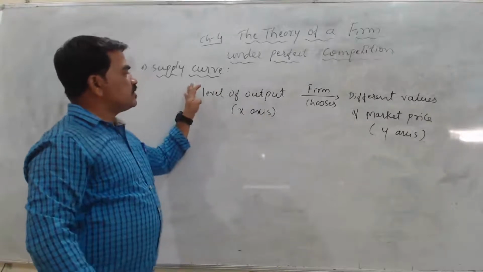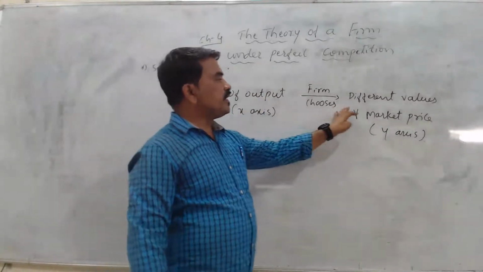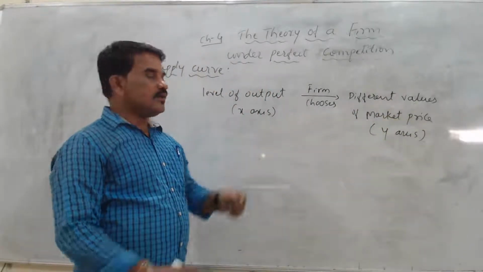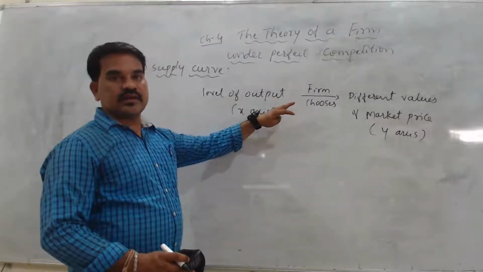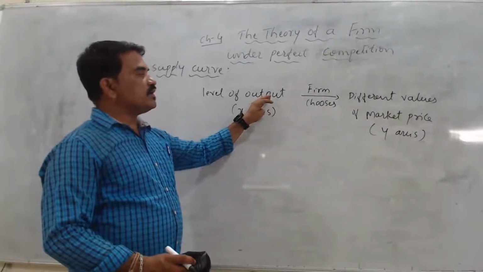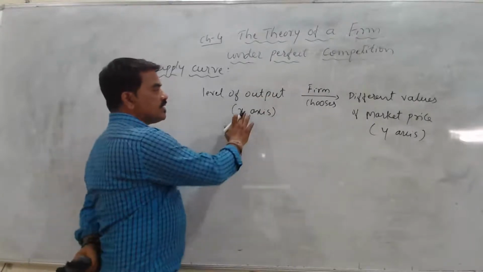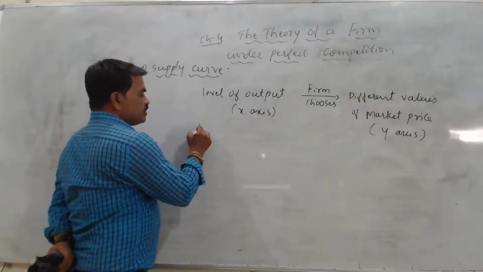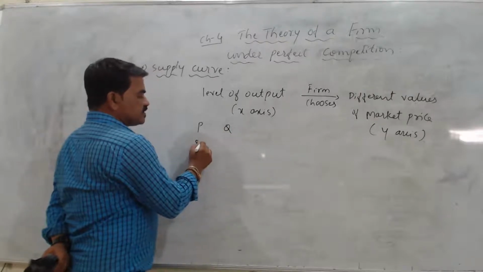Supply curve means it is the level of output which a firm chooses at different values of market price. At different market prices, what quantity the firm wants to produce, that we call supply. Suppose this is the price and this is the quantity of output at this price.